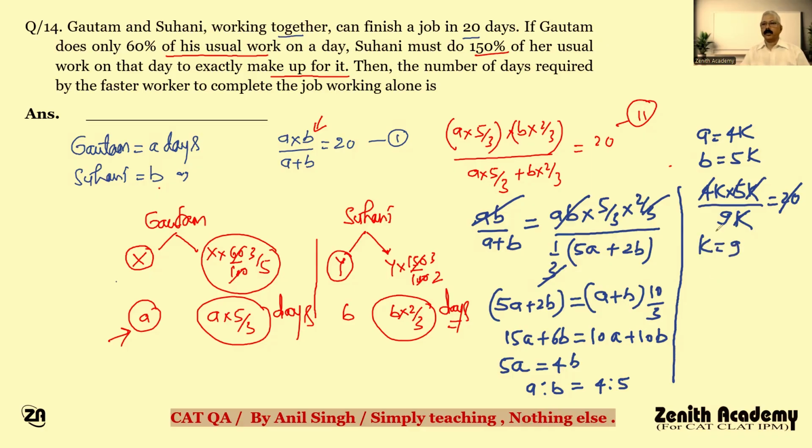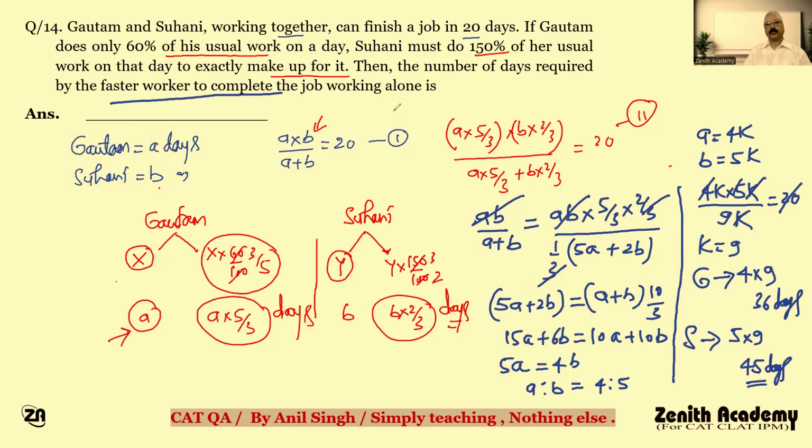K is 9. It means A, Gautam, will finish the work in 4K, means 4 into 9, 36 days. And Suhani will finish the work in 5K, 5 into 9, 45 days. And the question is the number of days required by the faster worker to complete the job.